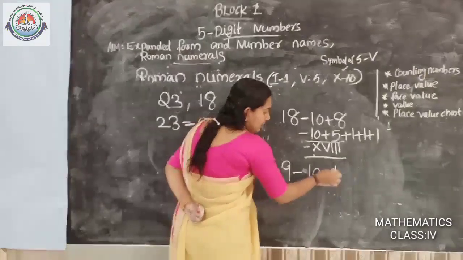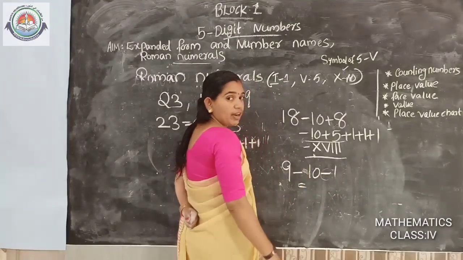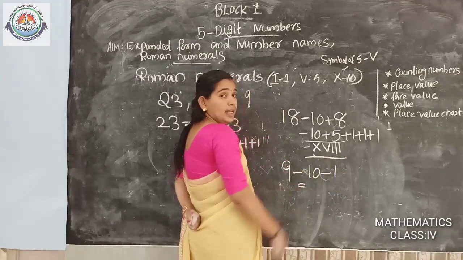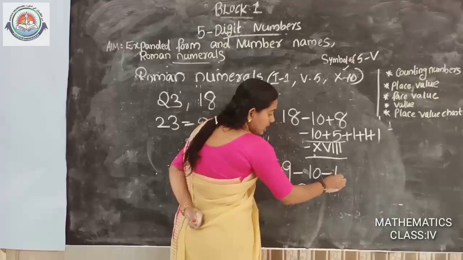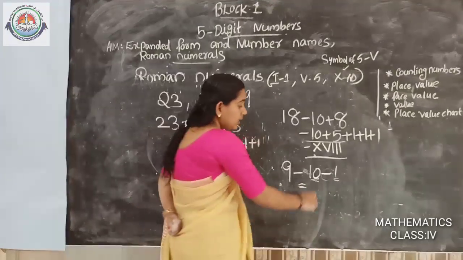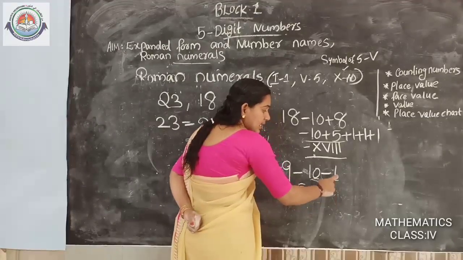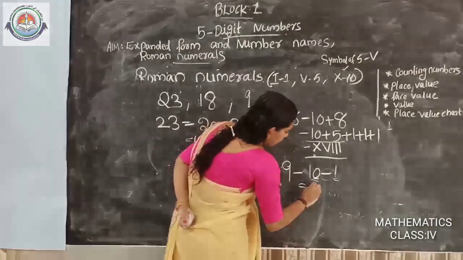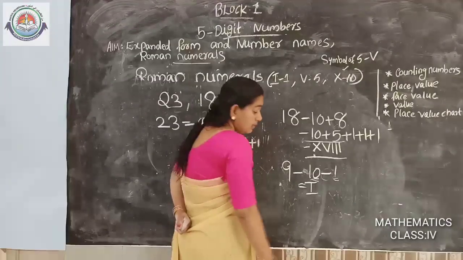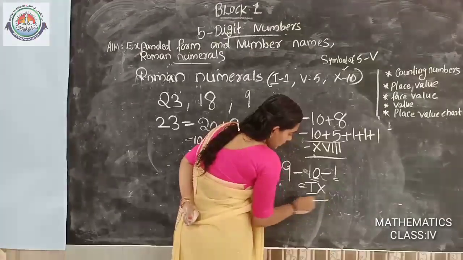In minus operations, we write the largest number on the right side and the smallest number on the left side. So here the smallest number is 1, the largest number is 10. So the symbol of 10 is on the right side, the symbol of 1 is on the left side. What is the symbol of 1? This. Then symbol of 10, this.